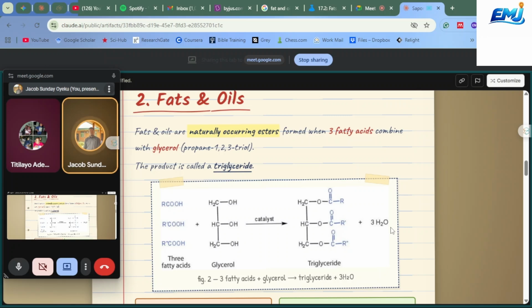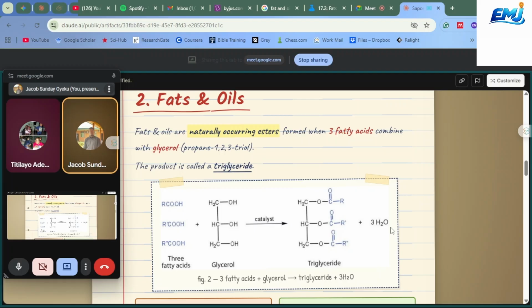R can be alkyl, any length of alkyl. In this fatty acid and glycerol, they are usually very big, up to 14, 16 carbons like that.